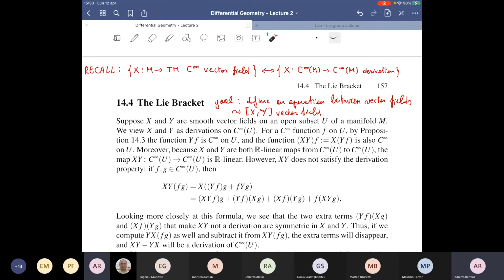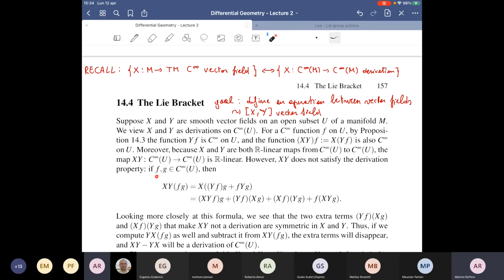I also recall that both X and Y are linear maps on this space of functions, and this map XY we have defined in this way maps C infinity of U into C infinity of U, and is again linear. However, it does not satisfy the derivation property that you discussed last time.